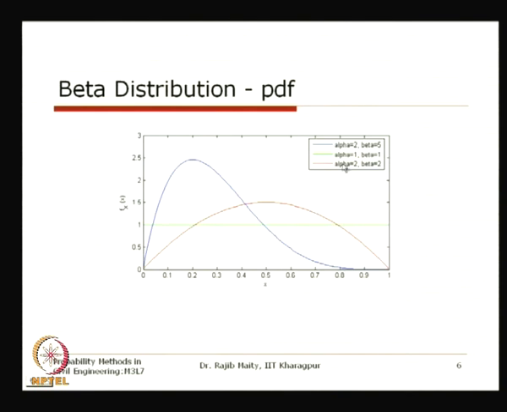It is not only for alpha equals 2 and beta equals 2. If you keep the parameters the same, for example, alpha equals 3 and beta equals 3, then it will remain symmetric, keeping its mean, mode and median at 0.5. Basically, it will change like this. So, its peak will increase.